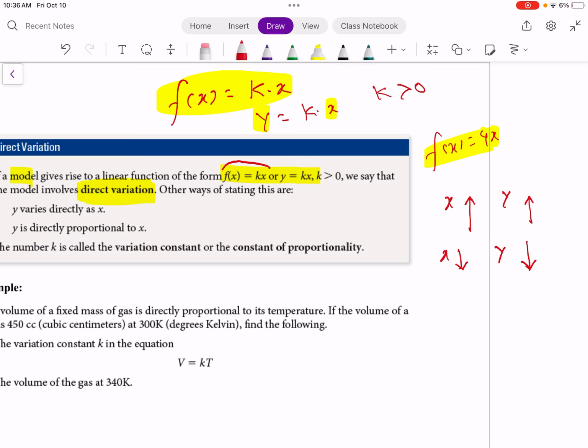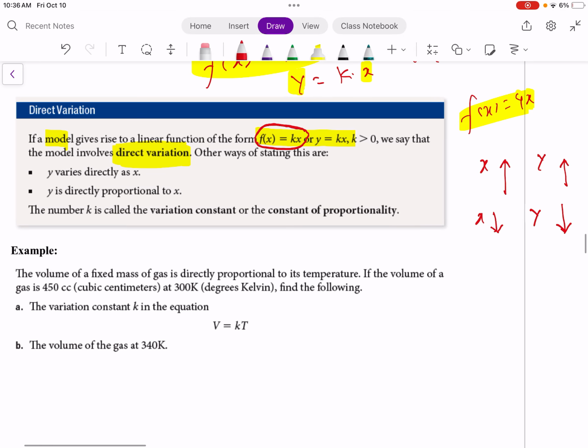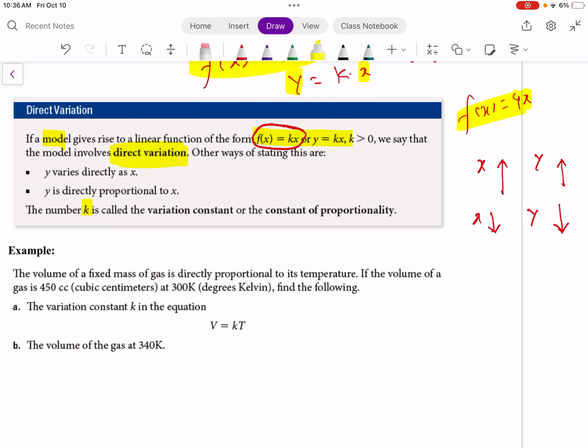And this is the form, the function that represents direct variation. Here our k is called a variation constant or a constant of proportionality. Our k is any number greater than 0.